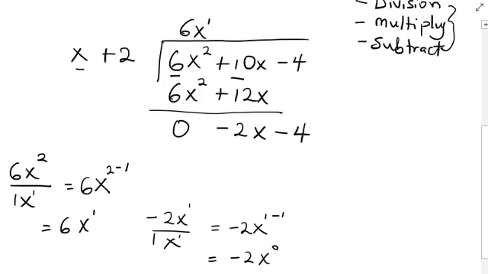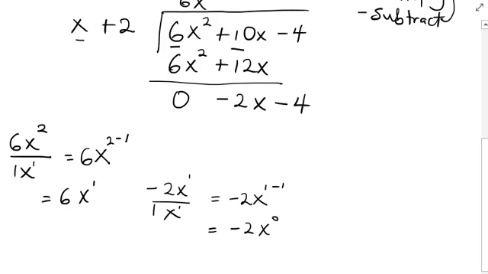And in math, any expression raised to power 0 is 1. So minus 2 multiplied by 1 is equal to minus 2. So what we've got is minus 2. So minus 2x divided by x is minus 2.